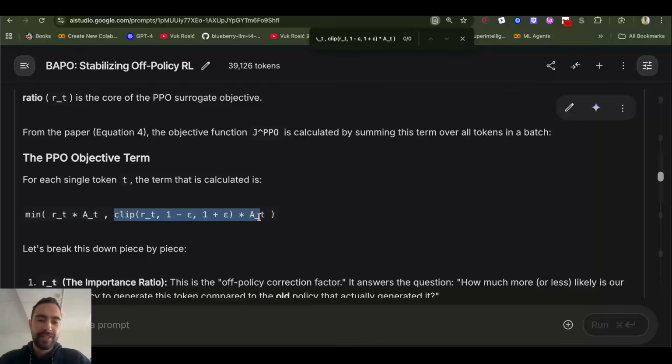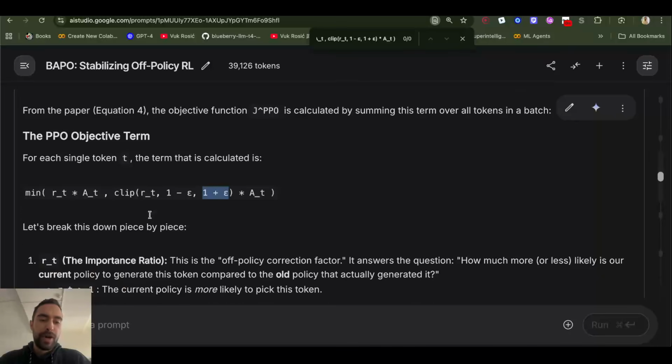So now that we understand this part, let's see. This part is actually almost the same. You see, you have times advantage. You are just clipping this importance ratio between 0.8 and 1.2, because we'll explain why, but here epsilon is usually 0.2.